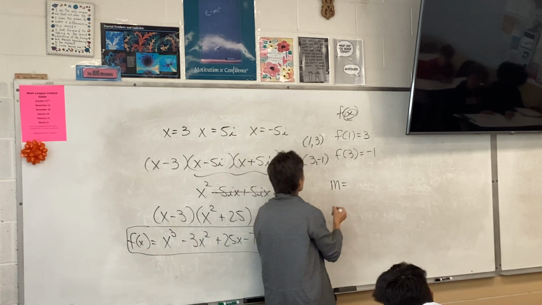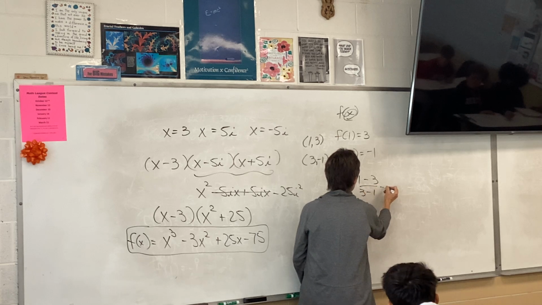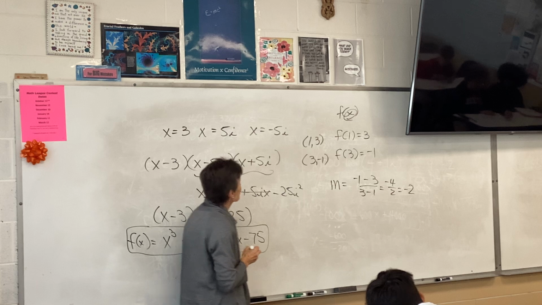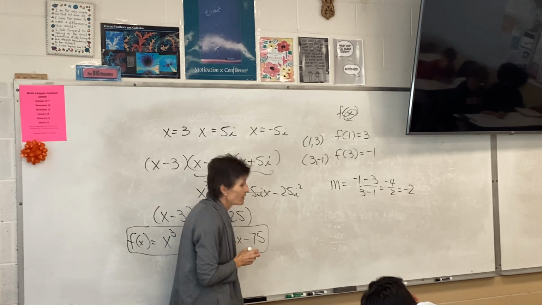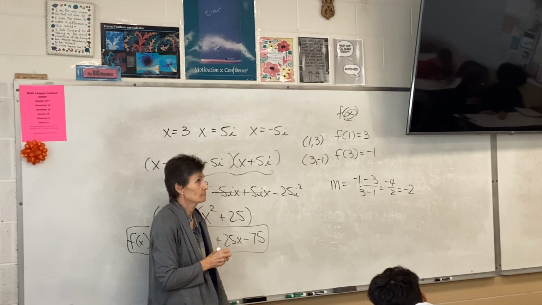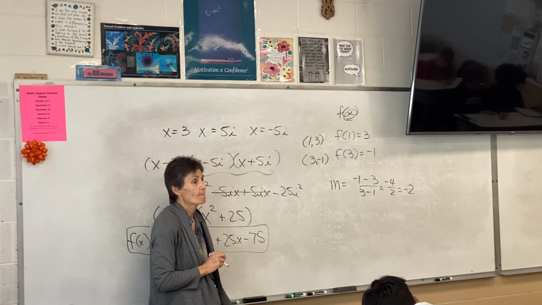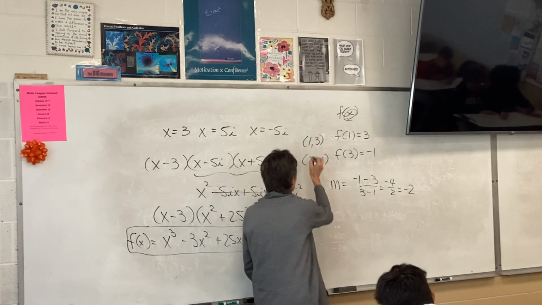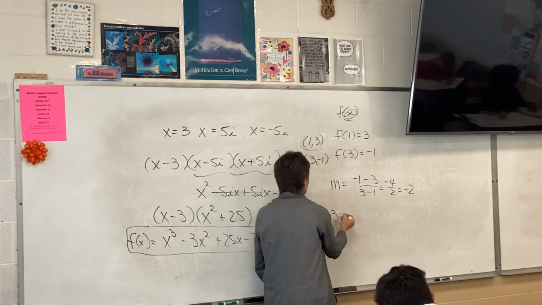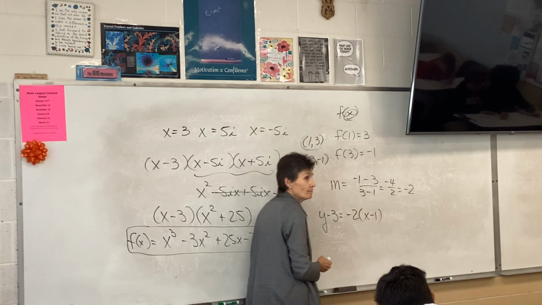So slope, here we go. -1 minus 3 over 3 minus 1. I got -2, but I could have done something wrong. Is that all right? Then what? Now you gotta find a point. I'll use this one. Y minus 3 equals -2 times x minus 1.